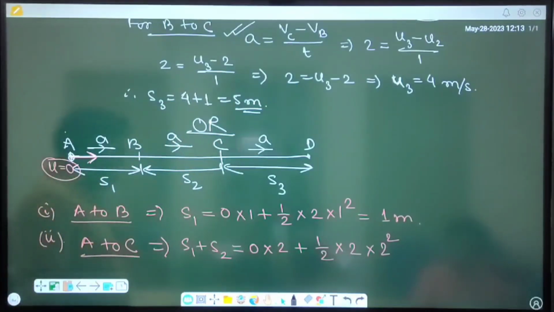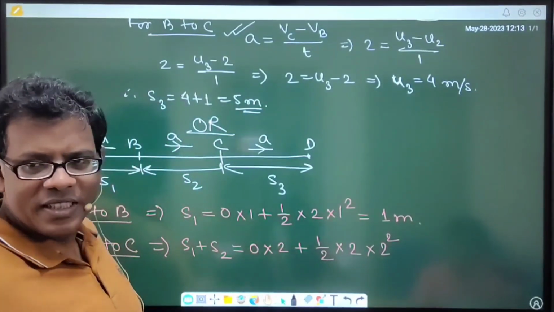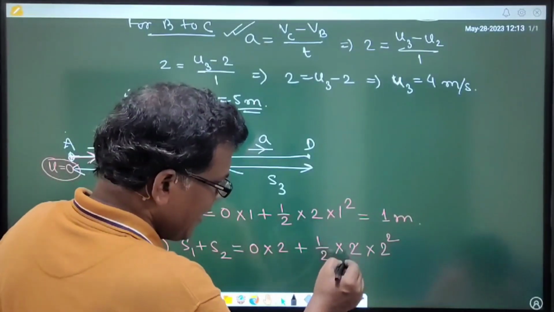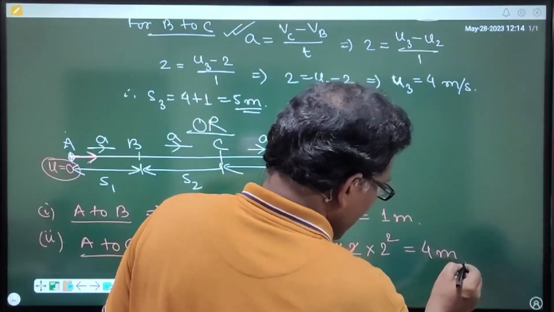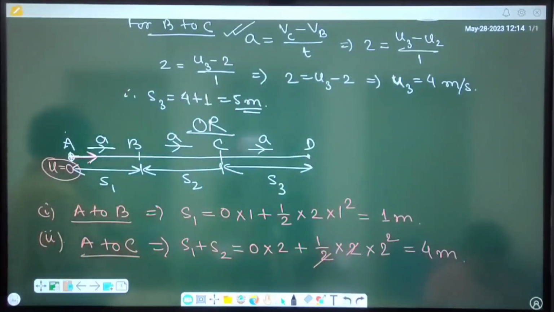Is that clear? 0 into anything is 0, the 2 gets cancelled out, and 2 square means 4 meter. So I have got S1 alone as 1 meter, and S1 plus S2 together as 4 meter.